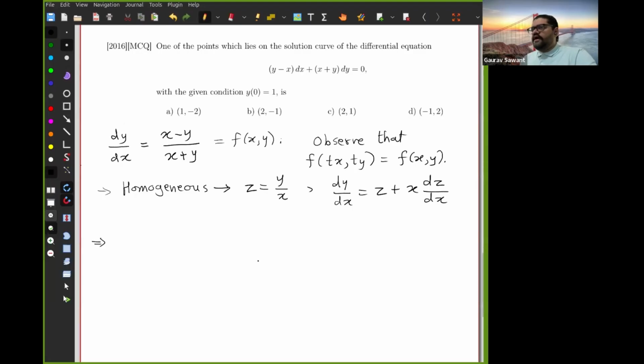On one hand, I have dy by dx as this expression, so z plus x dz by dx equal to, on the right hand side, I can divide the numerator and denominator by x, and have (1 minus y by x) over (1 plus y by x), which is equal to (1 minus z) over (1 plus z).